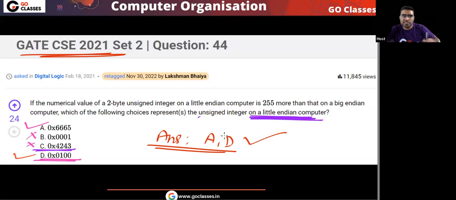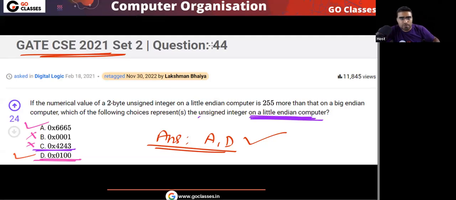What is the most common mistake in this question? Students can make a mistake of interpretation. What are these options? Are these options your data, or are they the data on the little Endian computer?